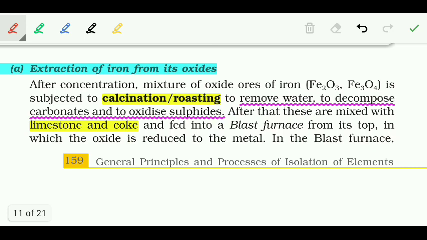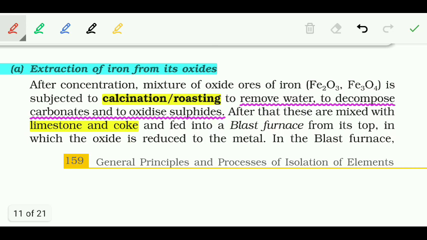We know that hematite and magnetite are the important ores of iron, and that is applicable over here, meaning we are using hematite and magnetite as the source of iron.